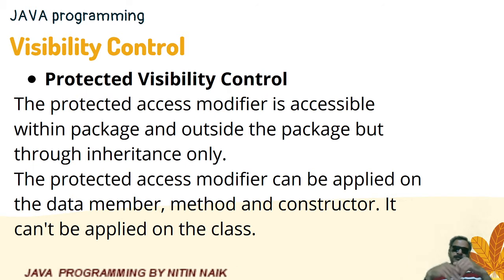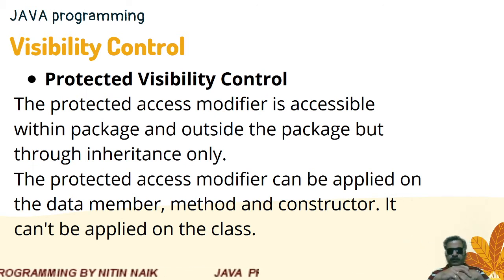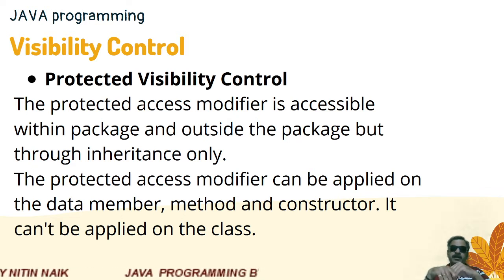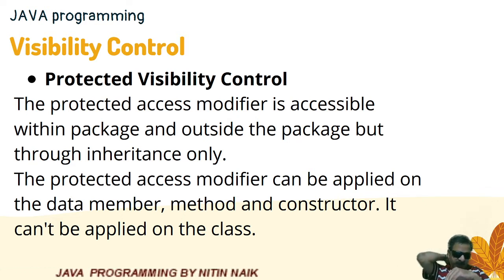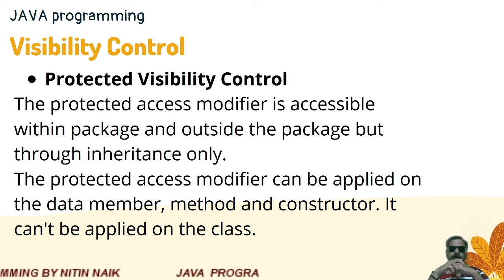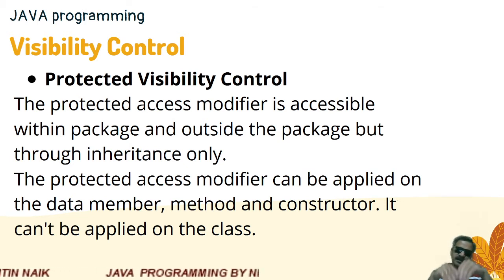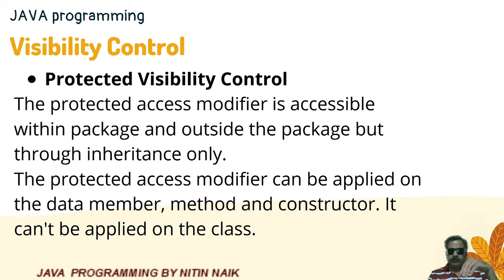You can process members of one class by using an object of another class, that we will see later on. The protected access modifier can be applied on data members, member methods and constructors, but it cannot be applied on a class.